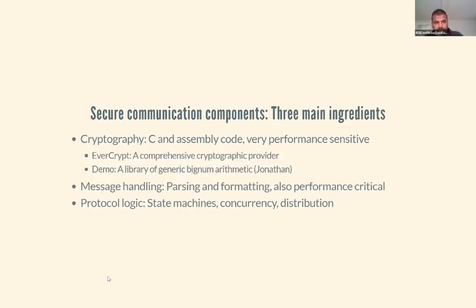So in the case of crypto, one of the libraries we produce is called EverCrypt. It's a comprehensive cryptographic provider that's providing many crypto algorithms and constructions. Jonathan is going to tell us about EverCrypt and demo a generic library for big number arithmetic.